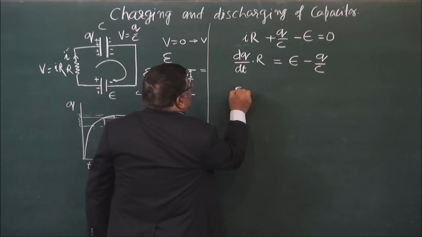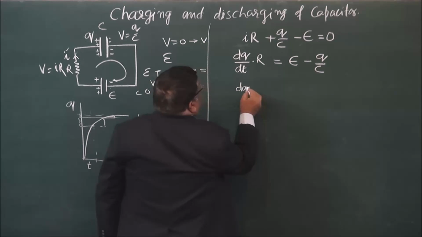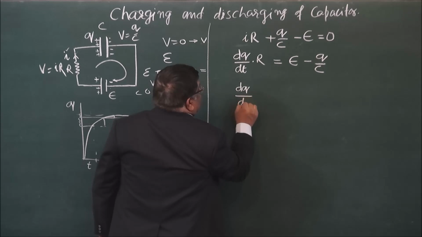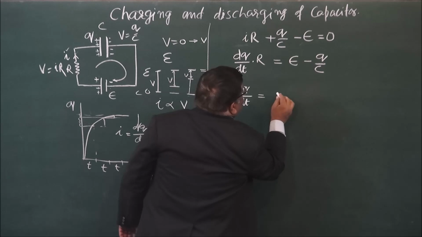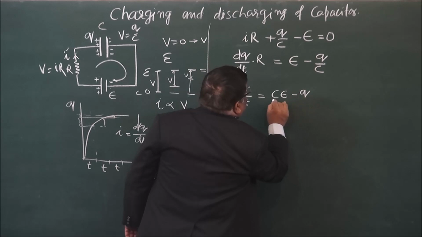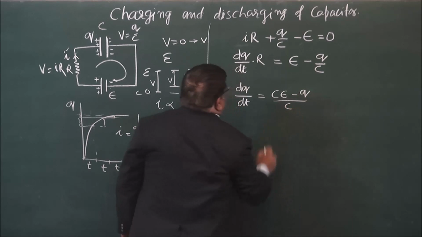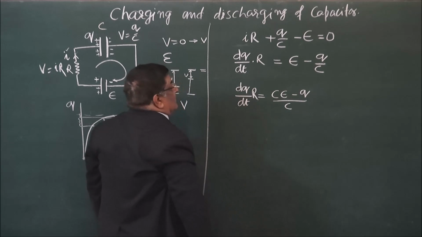So this is dq by dt is equal to, this is CE minus q upon c, and here is R. Okay.